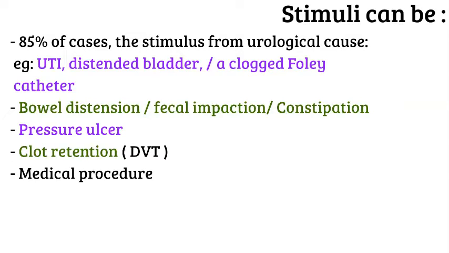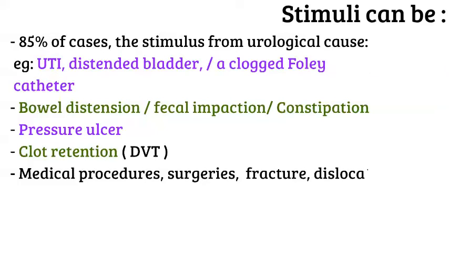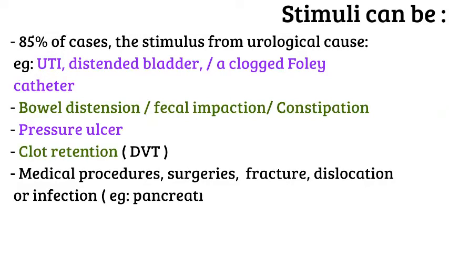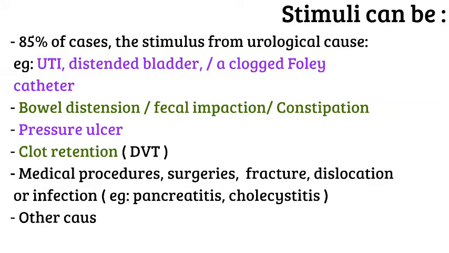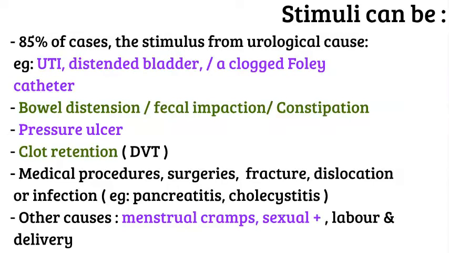Other causes include bowel distension, fecal impaction, constipation, pressure ulcer, clot retention, deep vein thrombosis, any medical procedures, surgeries, fracture, dislocation, or infection, for example pancreatitis and cholecystitis. Other causes that can stimulate autonomic dysreflexia include menstrual cramps, sexual stimulation, labor and delivery.